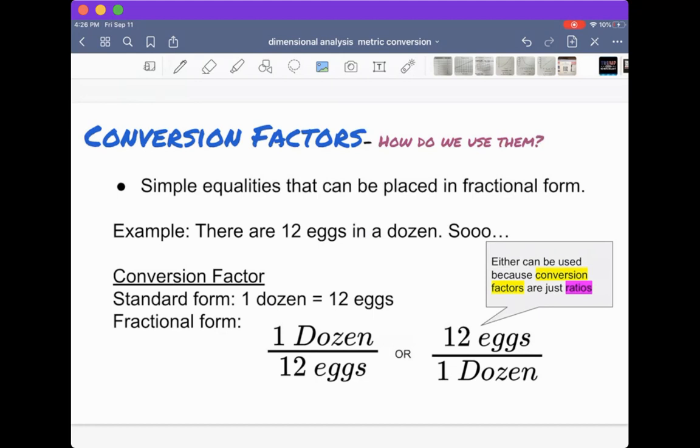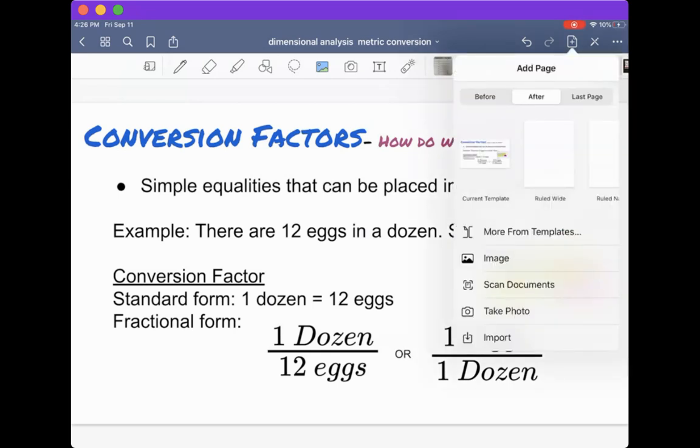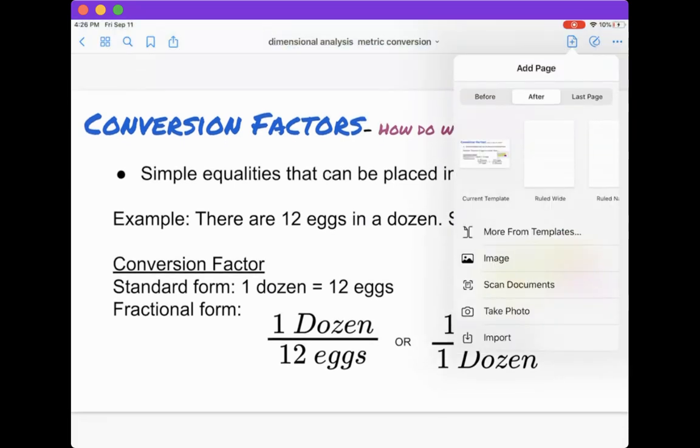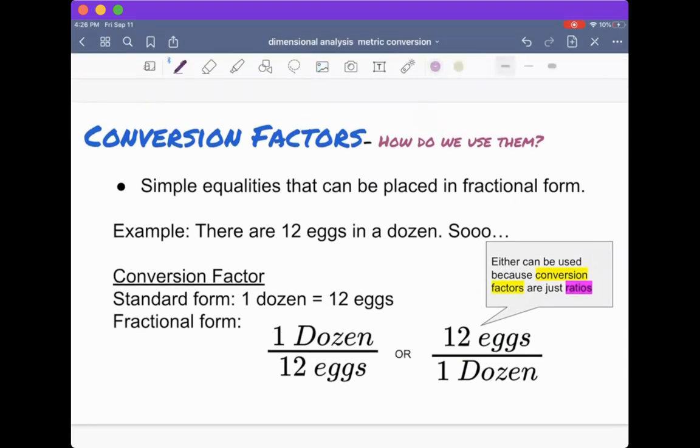So basically we can say, here, that one circle is equal to 2 squares. Okay, so that's an equality. Okay, so I can take any equality and use that as a conversion factor. So I can now convert between the units of circle and square.